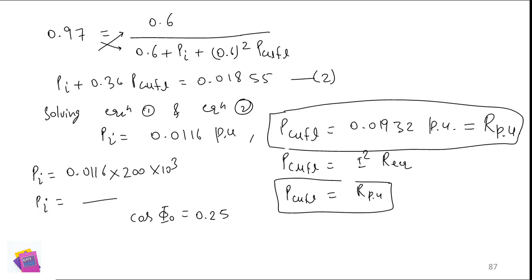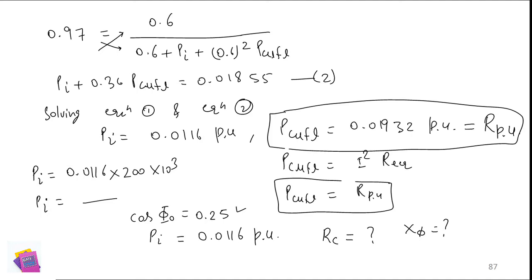With the help of this concept, because you know iron loss equal to 0.0116 per unit and you know the no load power factor, you can easily find out the loss component RC and Xφ. So let's see how to find out.